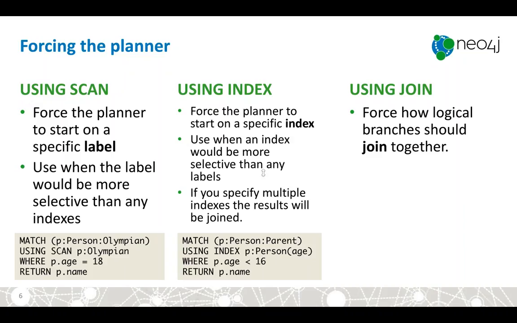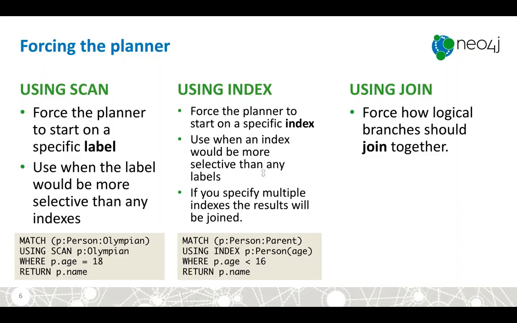Now, typically, the planner will make a good decision in terms of the cardinality of the nodes, basically how many different relationships of that type are connected. It'll use the metrics we have in the database to make an intelligent decision on how to join. However, you can force that.